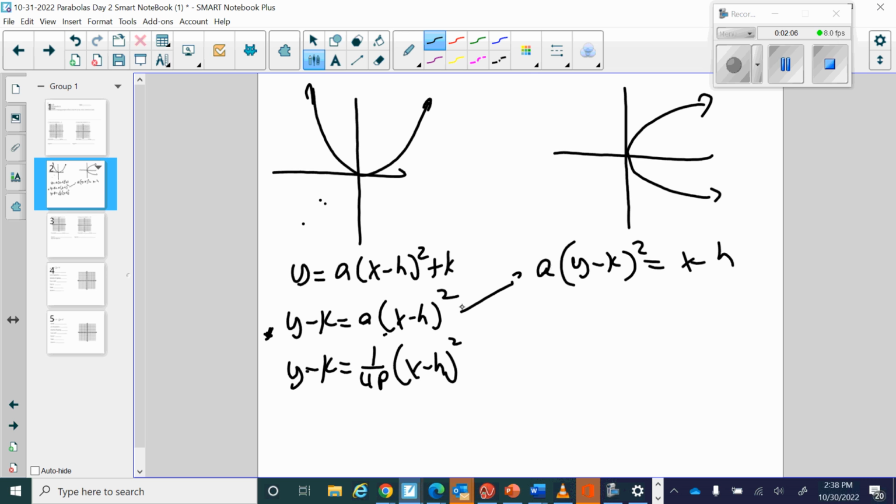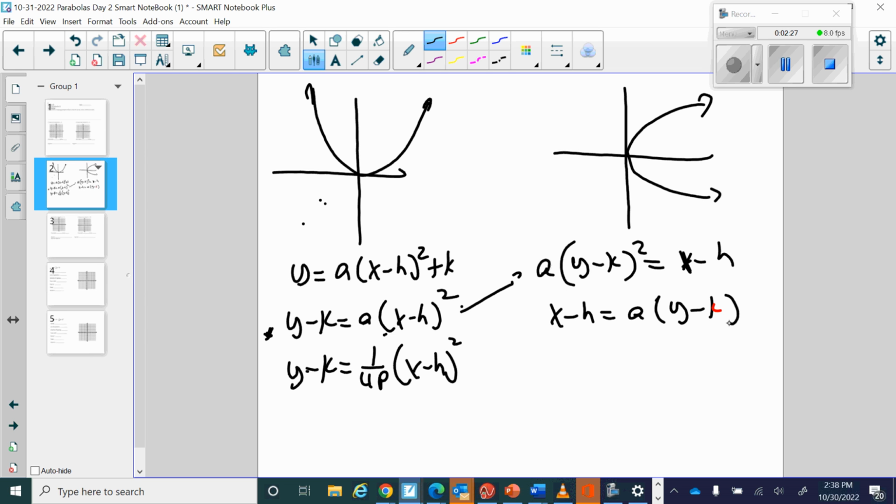Now, before I add h to both sides, let's flip this around. x minus h is equal to a times y minus k squared.